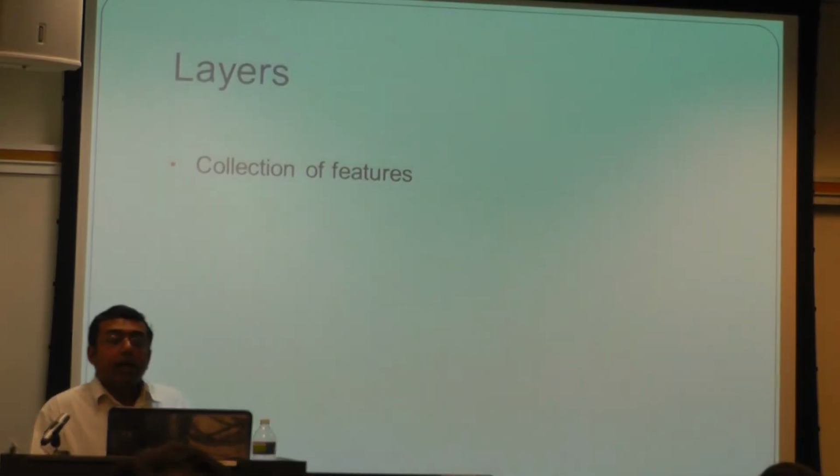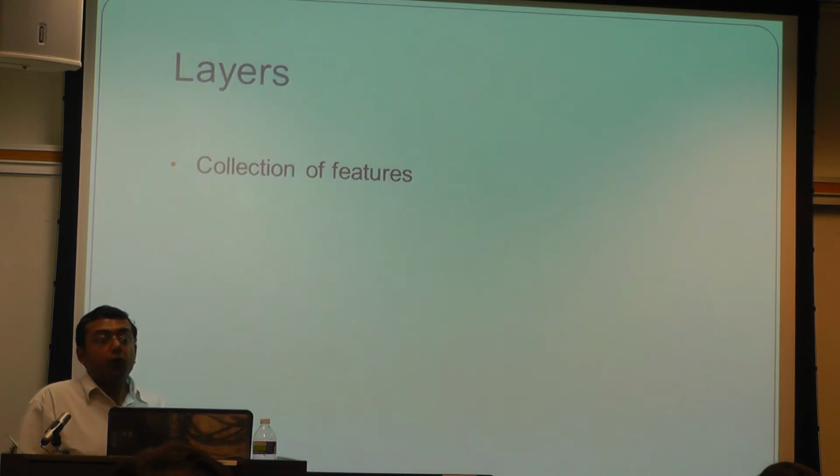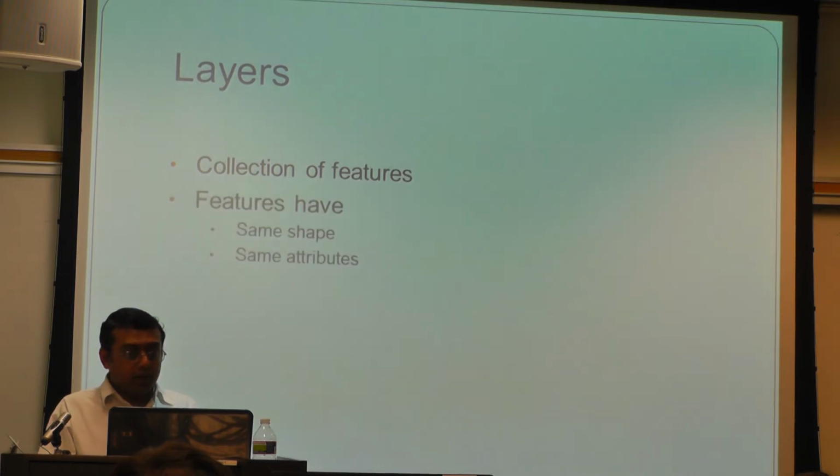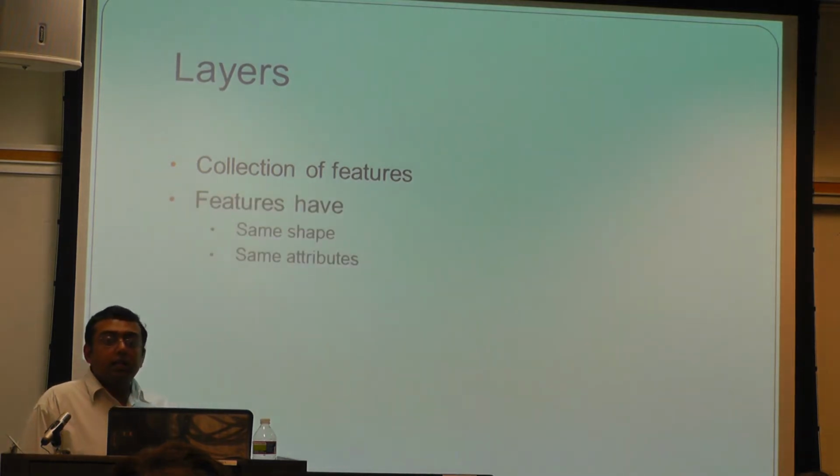So the second thing we're going to learn are layers. What are layers? Layers are basically collections of features. So remember, we've spoken of features so far. Layers are basically collections of features, but not just any collection of features. There's a very specific condition that these features need to have the same shape and the same attributes. What do I mean?